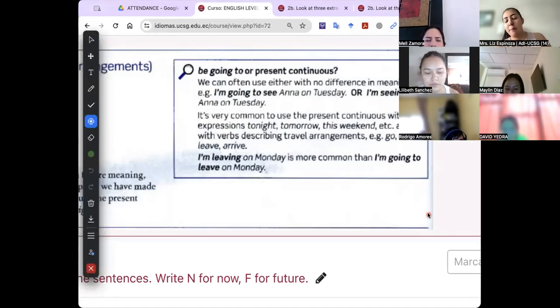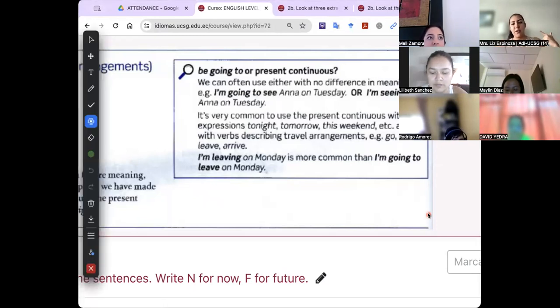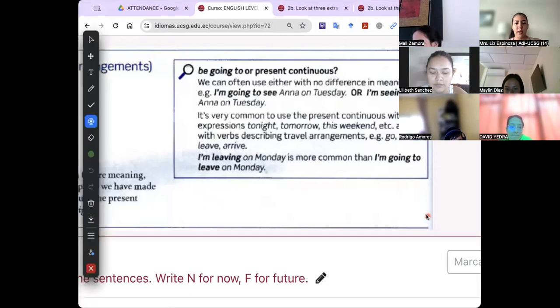Because when you travel, you are already planning with a specific day, a specific time. So it's a future arrangement that you do have. I am leaving on Monday. It's more common to say that than I am going to leave on Monday, right? Even though it's not incorrect, it is more common to use present continuous for future, okay?